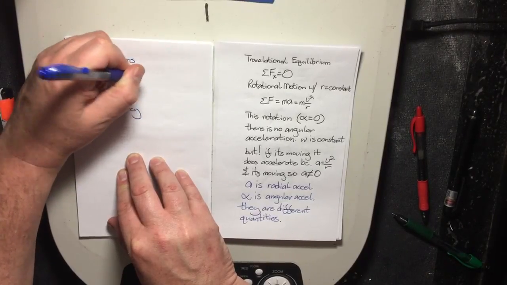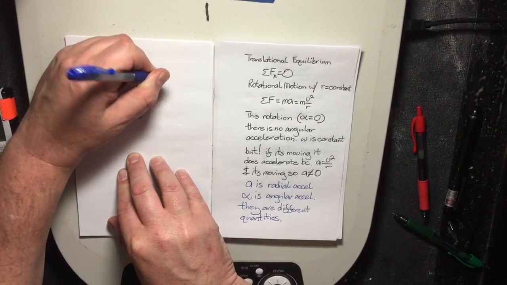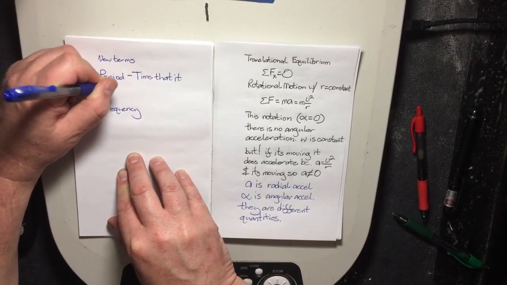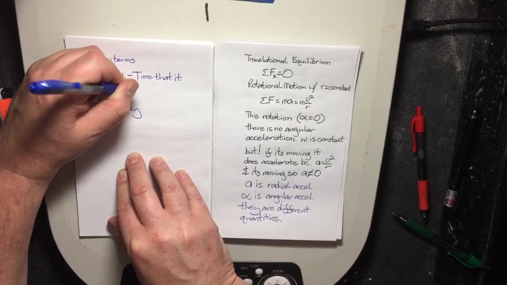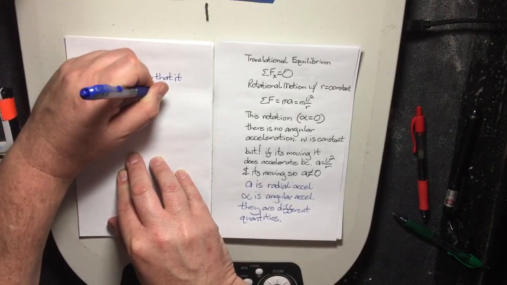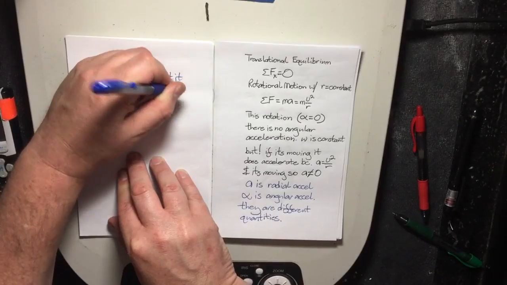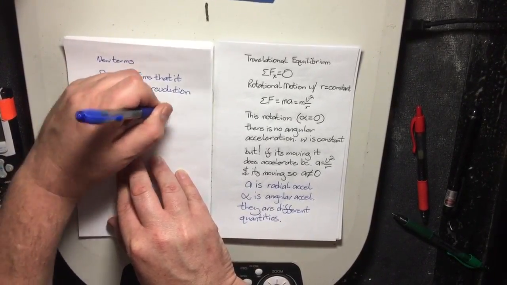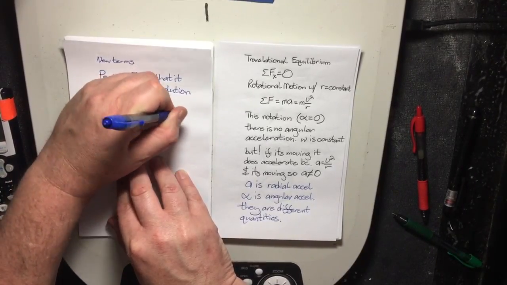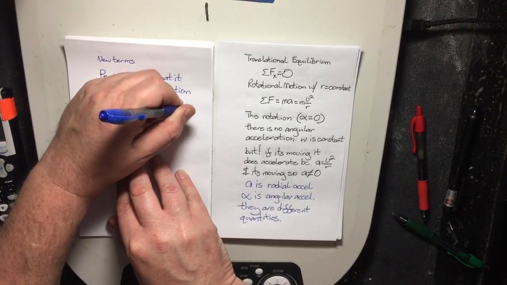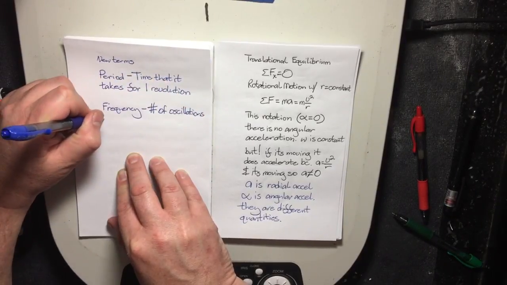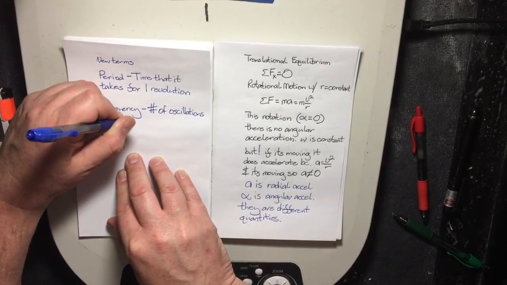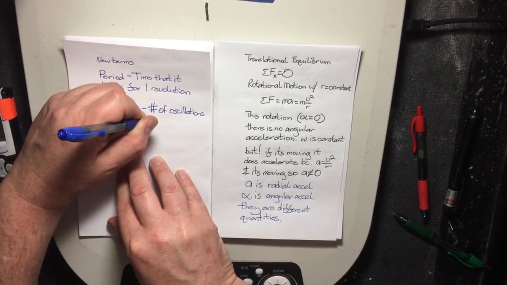Period is the time that it takes for one revolution, and frequency is the number of oscillations, or more importantly, the better word, rotations per second.